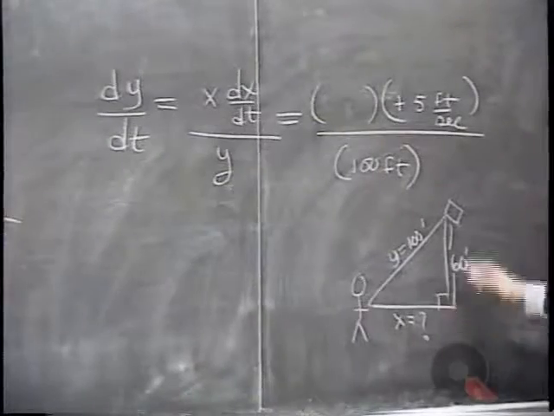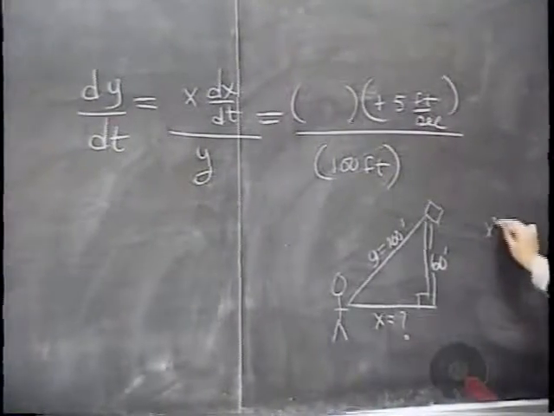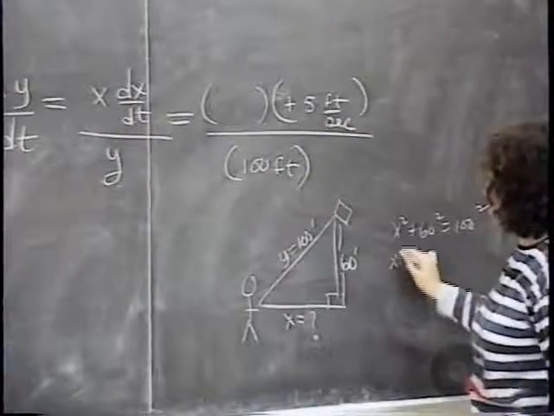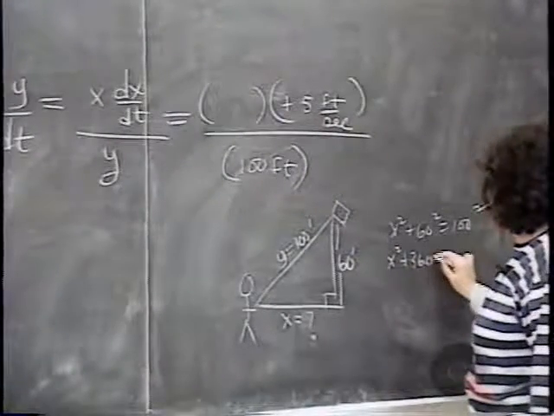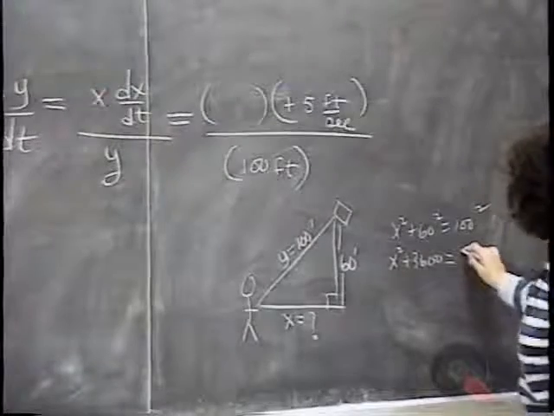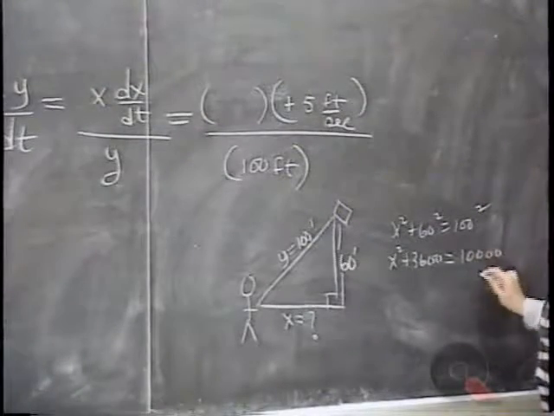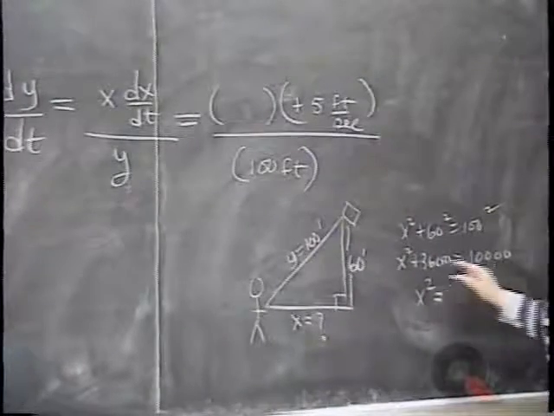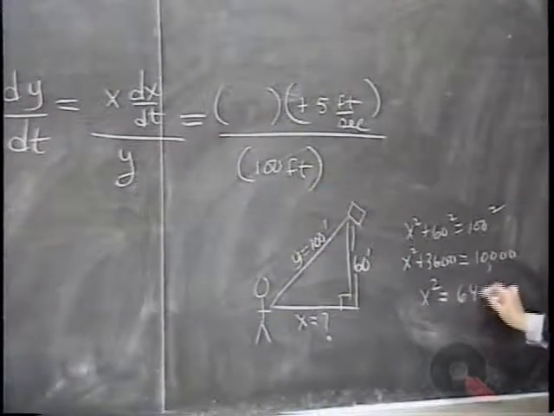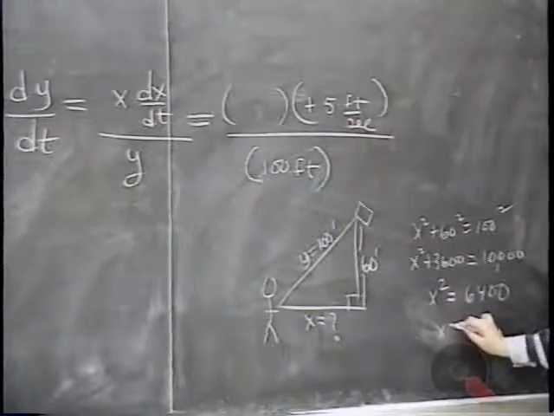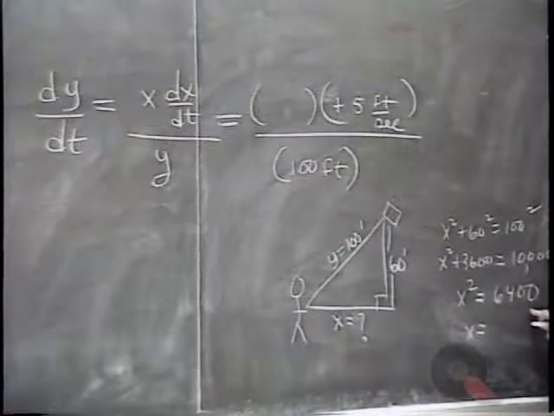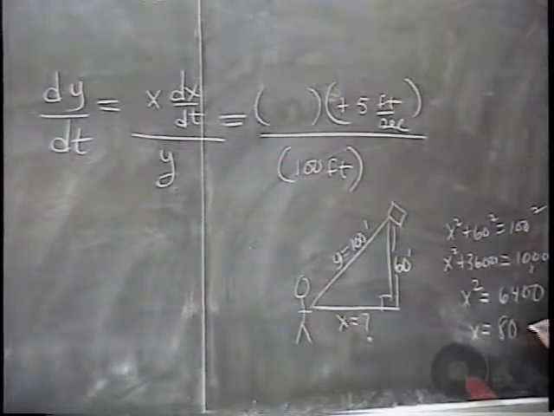But when y is 100 feet, what is x? Well, if you use the Pythagorean theorem, x squared plus 60 squared is equal to 100 squared. x squared plus 3600 is equal to 10,000. Or x squared, subtracting 3600 from both sides, is equal to 6400. x would be plus or minus, but we'll only accept the positive answer, the square root of 6400, which is 80.